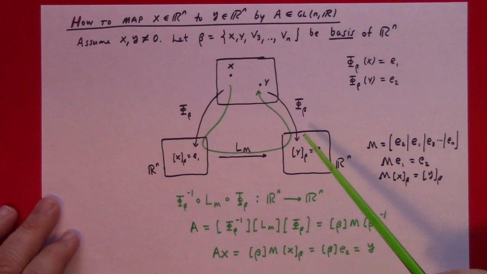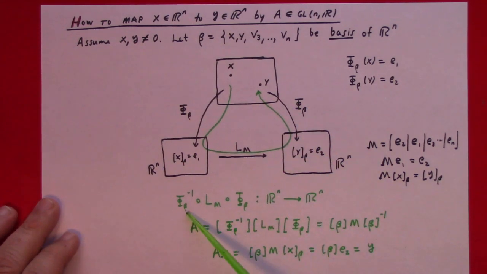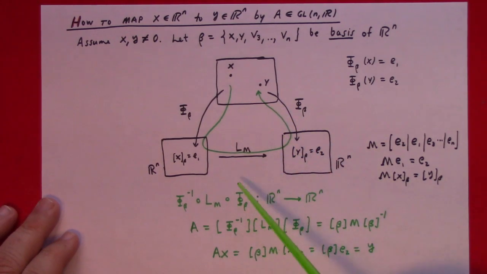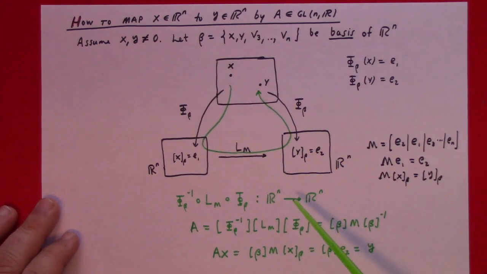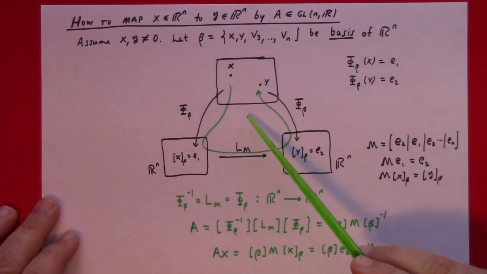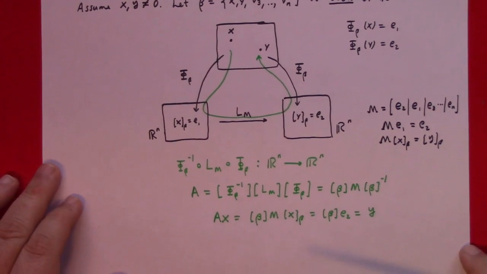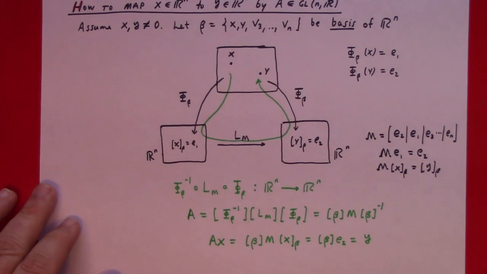So the composition works in opposite order. We first of all do the last thing, which is phi beta inverse, and then left multiplication by M, and then phi beta comes first. Now these are all linear transformations from Rn to Rn, so as such the matrix of their composition is the product of the matrices of the transformations composed.